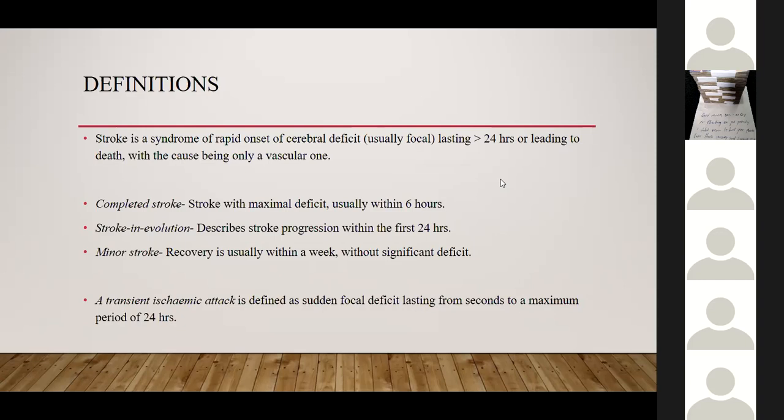Then there's transient ischemic attack, where basically there's a focal neurological deficit, but it's just for a very brief moment. Maximum less than 24 hours, the patient is fine. Okay, so we've had patients who come to us and they are fine, they are walking okay, but then they tell you that all of a sudden they can't see in one eye, or all of a sudden they can't talk, okay? But you examine the motor in the upper and lower limbs and it is fine, right?